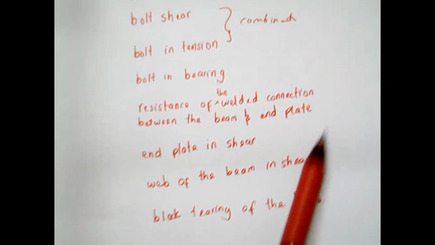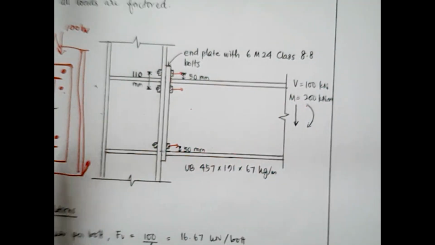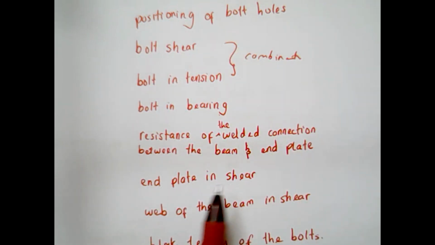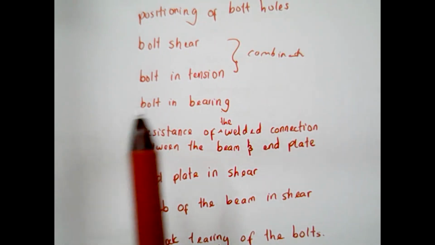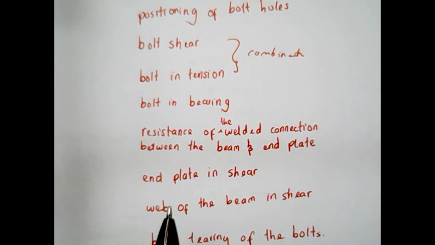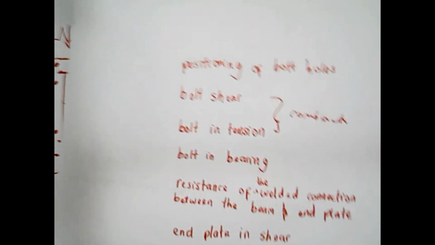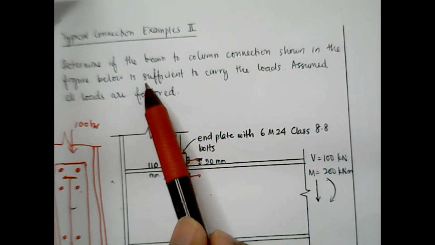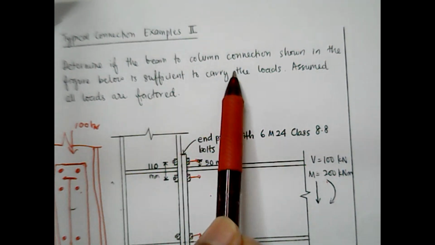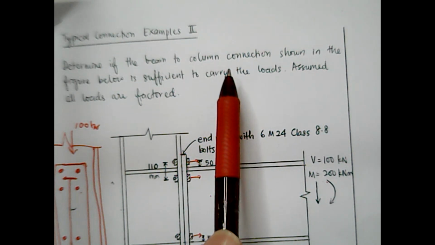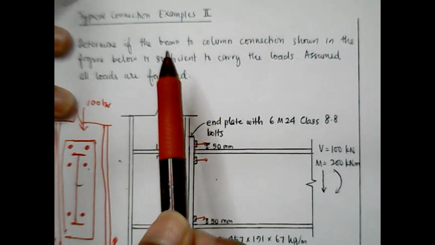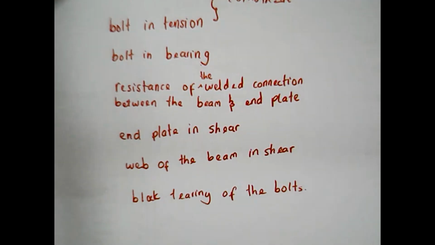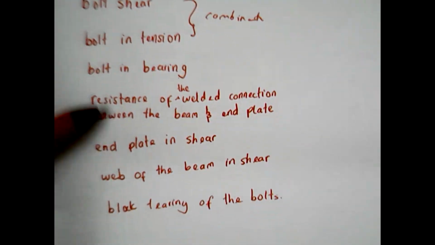And once you have completed checking all these failure mechanisms and ensured that all of them are satisfied per Eurocode, then you can conclude whether this connection is sufficient or not. You can only conclude once you have checked the rest of these failure mechanisms.